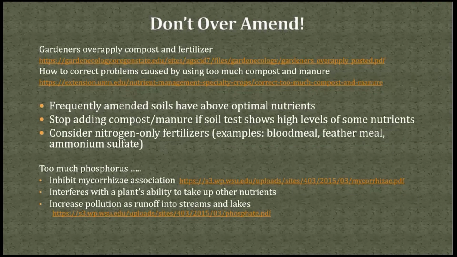These are just a few examples. And then finally, there's the issue of polluting our local streams and lakes. As the phosphorus rich soil runs off into lakes and streams, we get eutrophication.